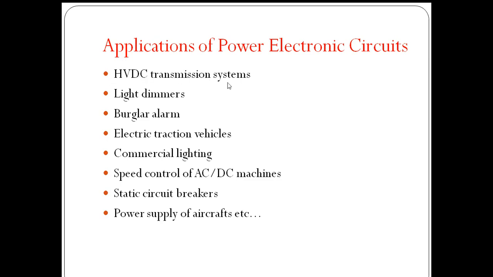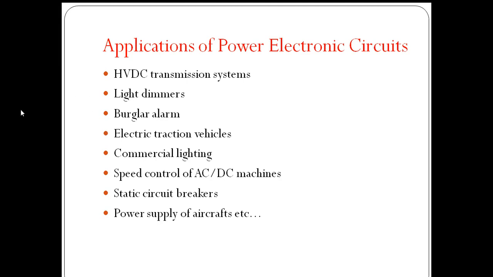They are mainly HVDC transmission systems, high voltage direct current transmission systems, and light dimmers. These are used in homes and theaters, and light charging and battery charging circuits, and burglar alarm or theft alarm circuits.